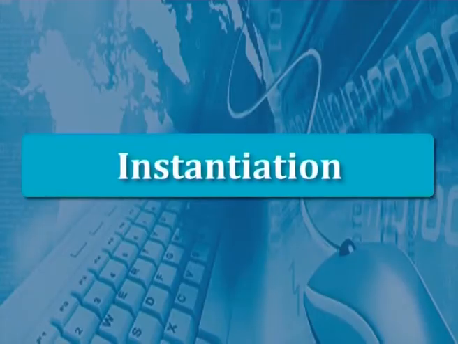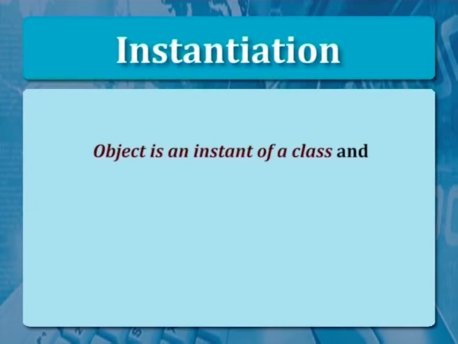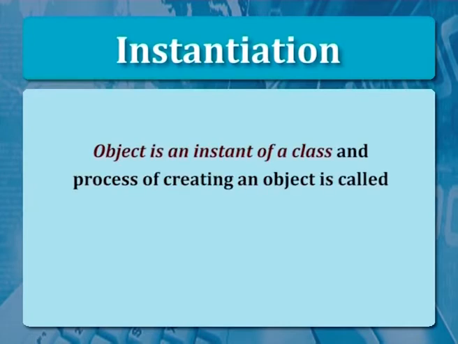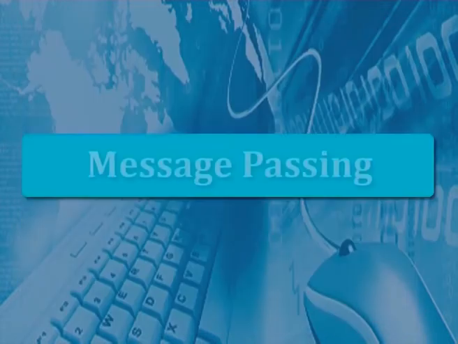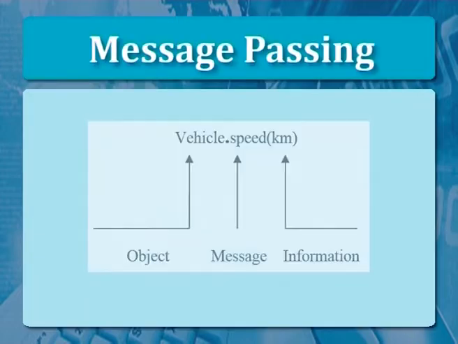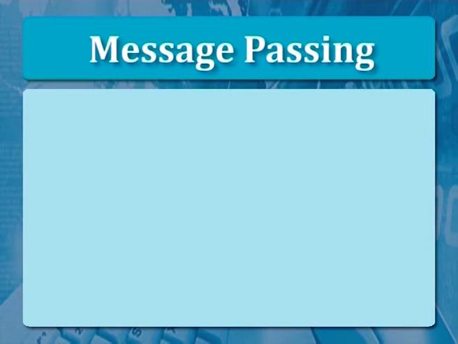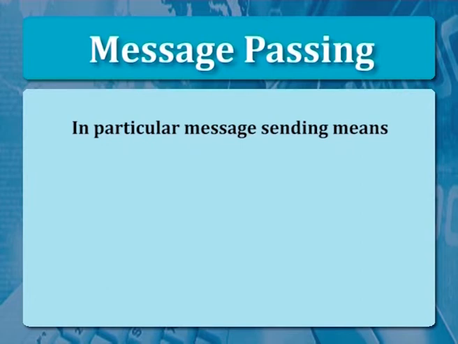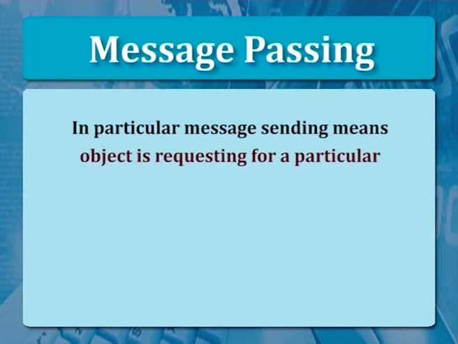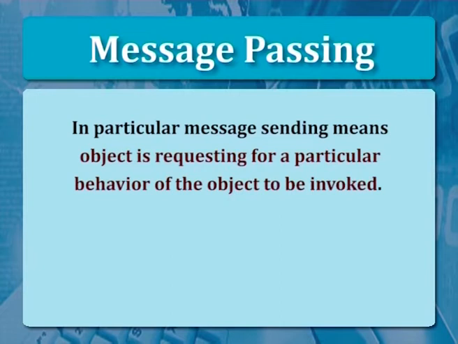Instantiation. An object is an instance of a class, and the process of creating an object is called instantiation. Message passing. As we know, different objects communicate with each other by sending and receiving information in the form of message passing. In particular, message sending means an object is requesting a particular behavior of the object to be invoked.